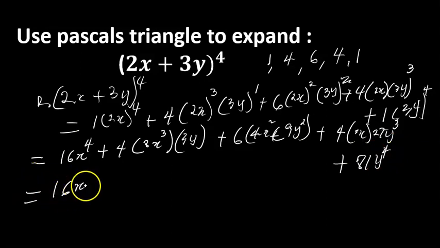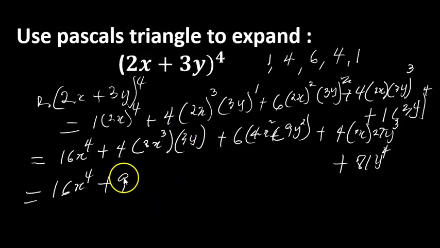We'll come up with 16x raised to power 4 plus 4 times 8 times 3. 8 times 3, that's 24. 24 times 4, that's 96.